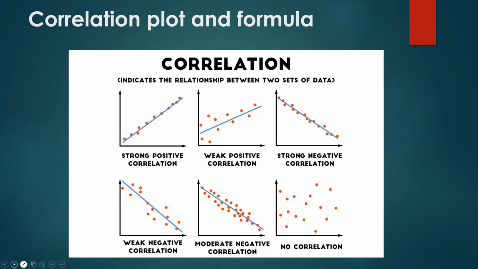Then one thing I must say about correlation is that you can do correlation for both parametric and non-parametric data. So sometimes you can just choose which type of correlation you want to use, whether it's Spearman's or Pearson correlation.